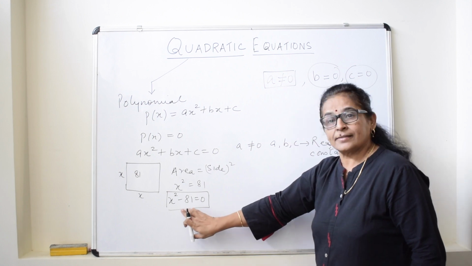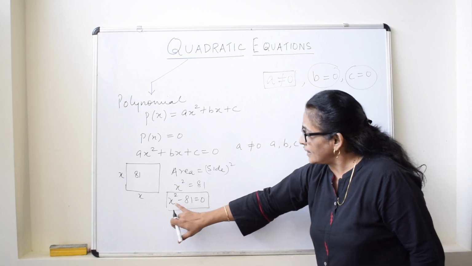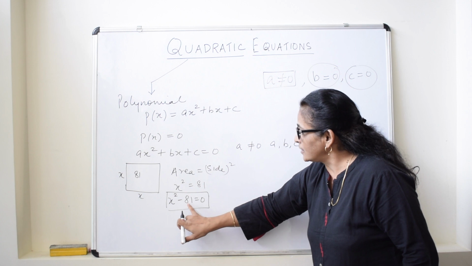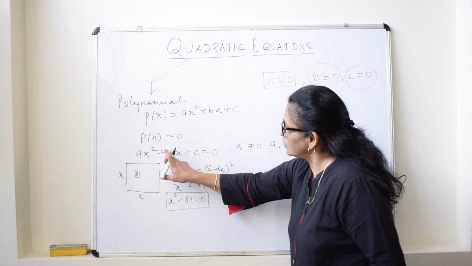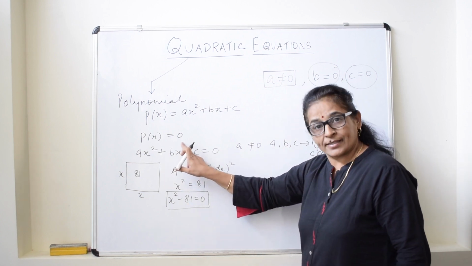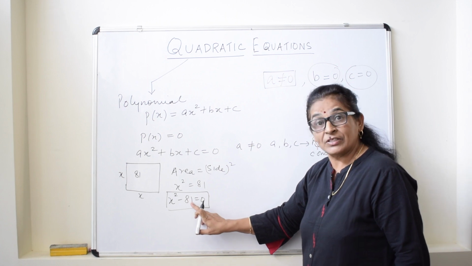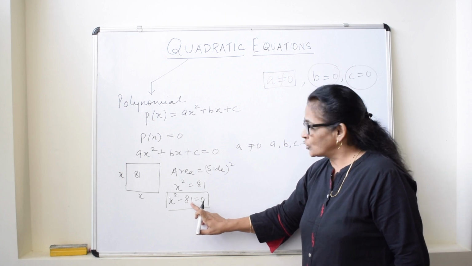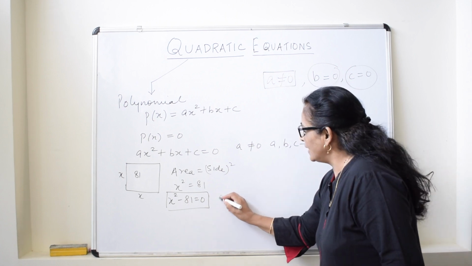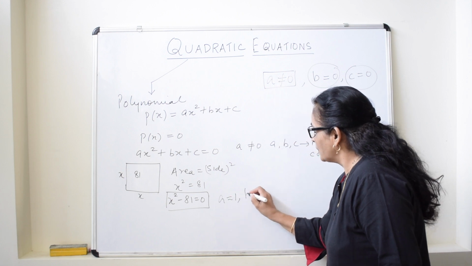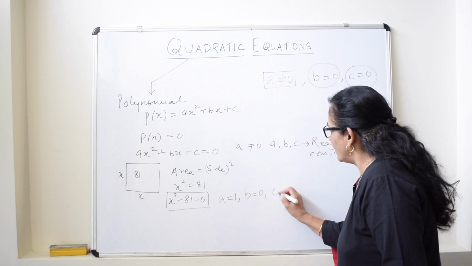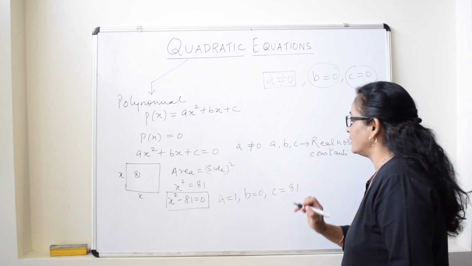Now, in this case, a is 1, there is no b. Why? Because b is the coefficient of x and there is no term which is x. So, in this case, a is 1, b is 0 and c is 81.